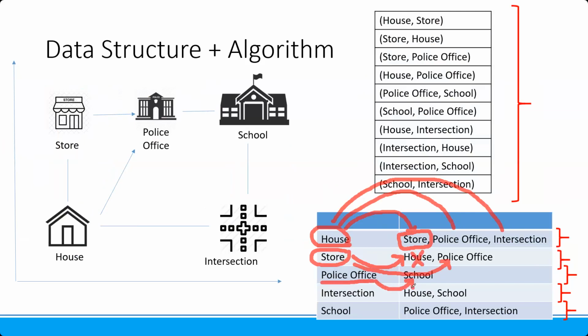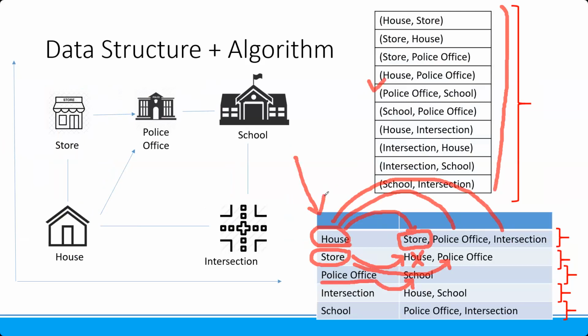Now, which algorithm should I use? By just looking at this step, it is difficult because the data is too small. When the data is big, then there is a difference. This data structure is easy to understand, but it may take a long time because you need to figure out all the options.